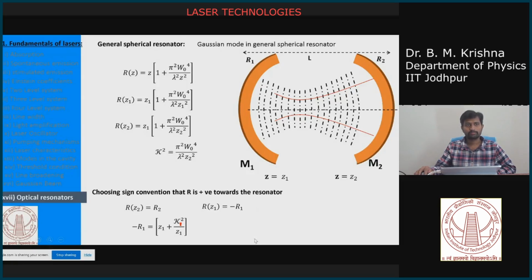So you will get this one. And similarly, R of Z2 equals Z2 plus K2 square by Z2. So these are the radii of curvature of the mirrors. Okay, I will stop here.